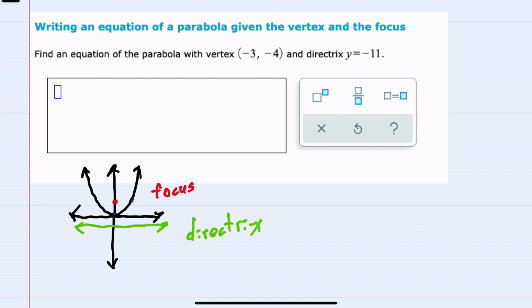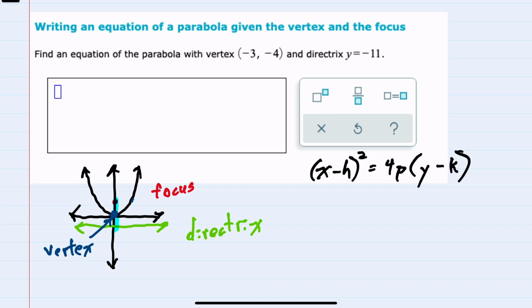And another point that we are always interested in is the vertex, because that is directly in between our focus and directrix. The focus being a point and the directrix being a line. The vertex is the point exactly in between, and we think of it as the center of our parabola.